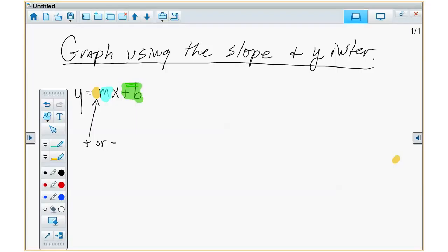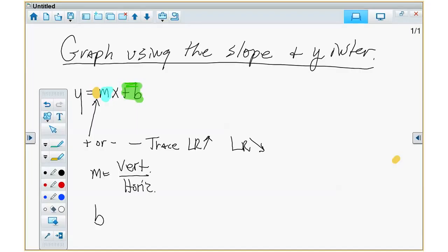That means that your trace line is going to go up, left to right, up, or what? Left to right, down. That's showing you the slope. The M is showing you the vertical over what? Over the horizontal. And then the B is showing you your y-intercept.